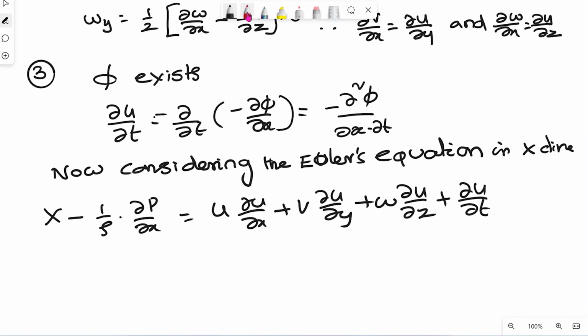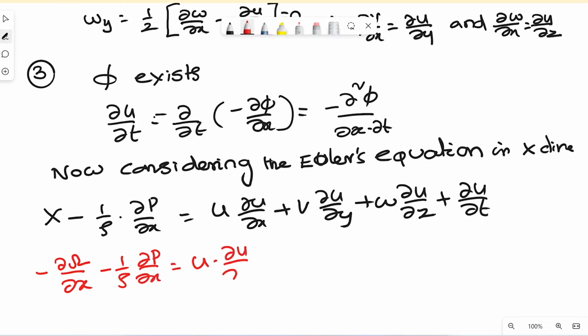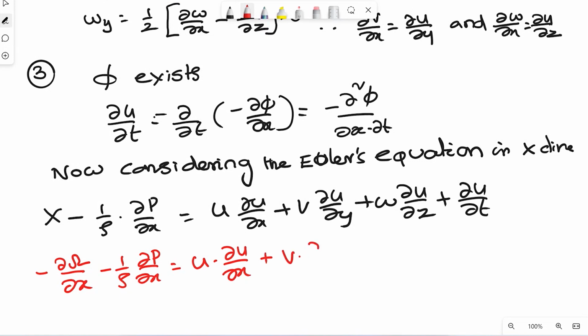Now you see how I am changing. X I am making as minus ∂Ω/∂x, minus 1/ρ ∂p/∂x, u into ∂u/∂x. That ∂u/∂y I am changing to v into ∂v/∂x plus w into ∂w/∂x plus minus ∂²φ/∂x∂t. This is what we are getting.